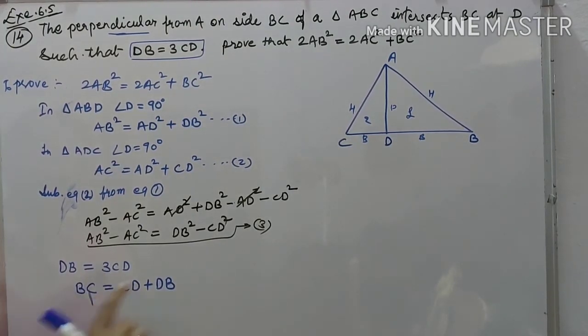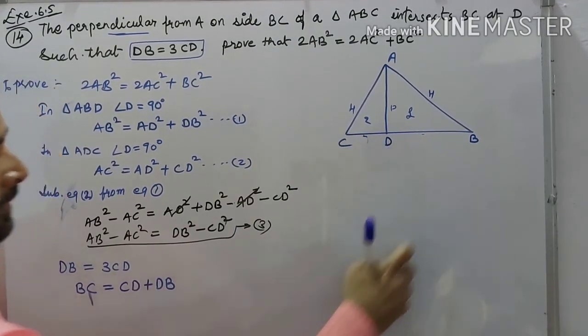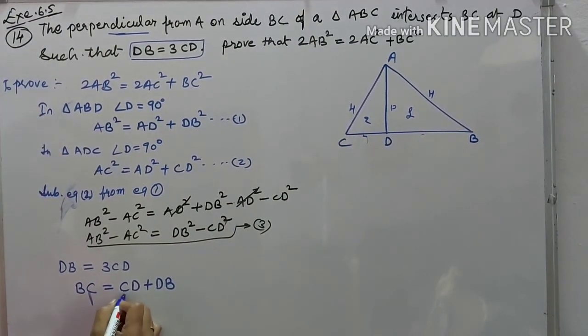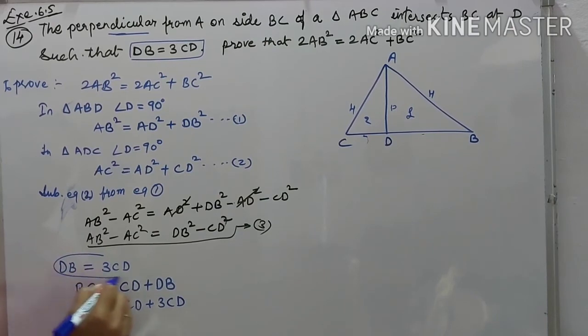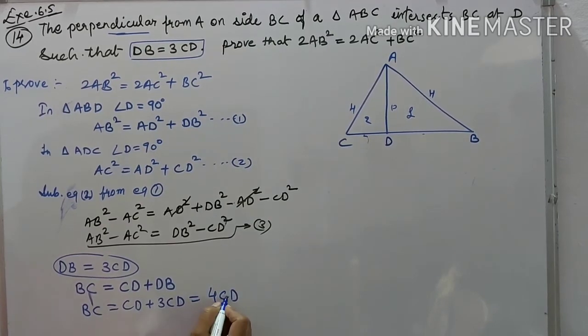CD is not given, but DB is 3 CD, so according to this, BC means 4 CD. Now CD is equal to BC upon 4. This is the first condition, to put the value of CD there.